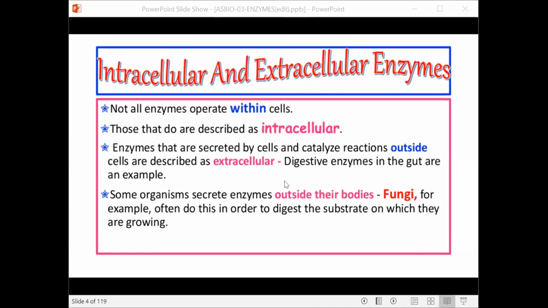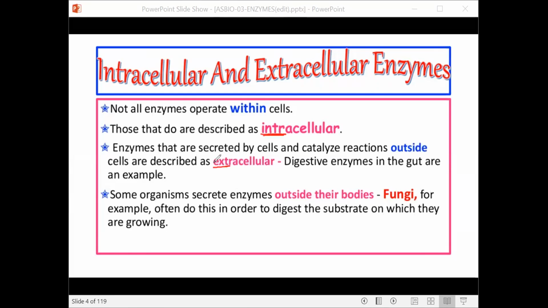So now enzymes, depending on their functions, can work within the cell. Though it is made within the cell, its function can be within or outside also. If it is working within the cell, it is intra.